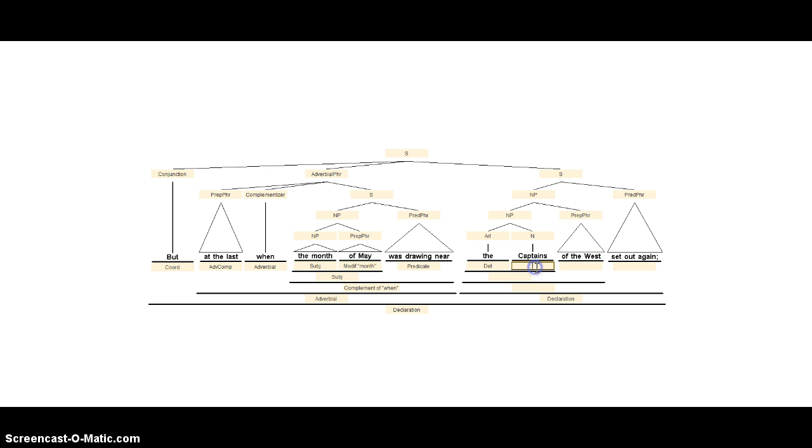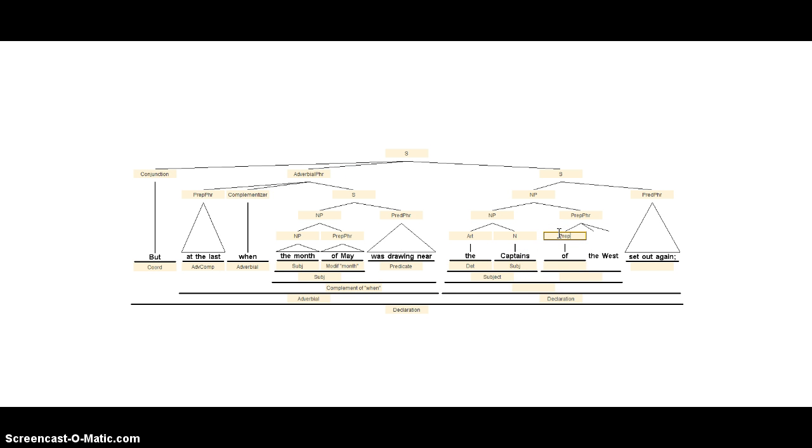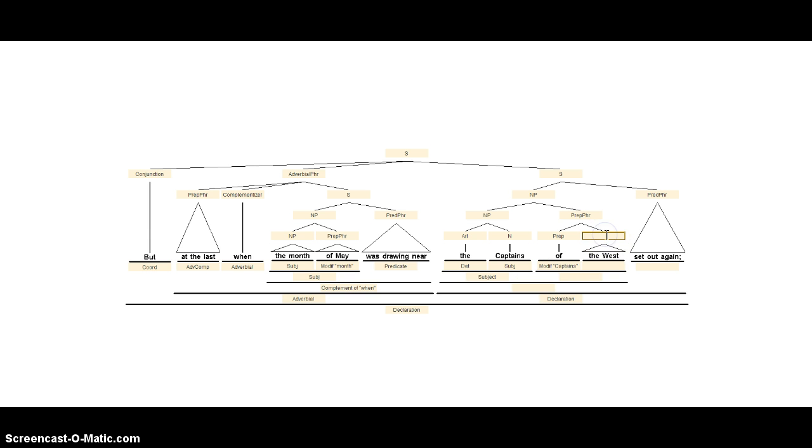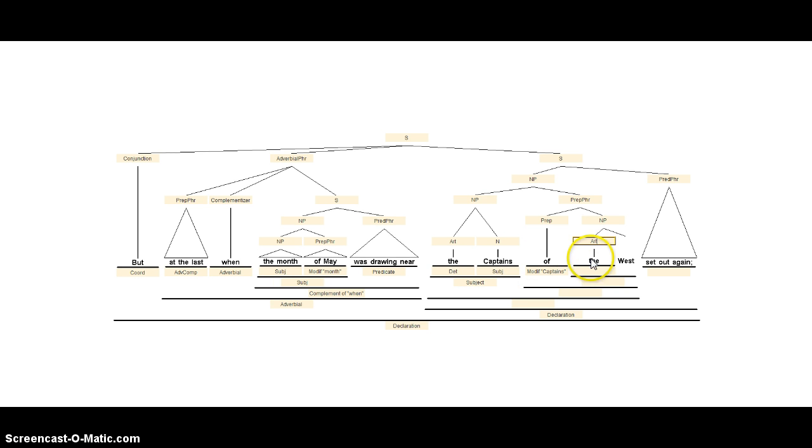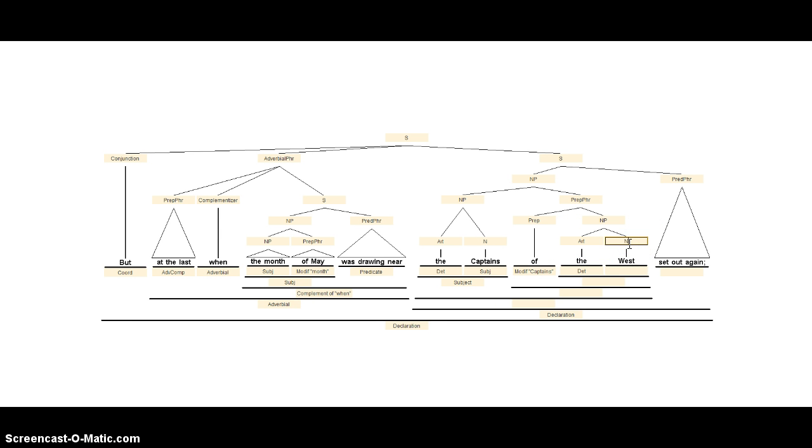And here the is an article with a function of determiner, and captains is our noun and our subject. In the prepositional phrase, of is the preposition, and it is a modifier of captains. The West is another noun phrase with the as an article, determiner, West as a noun, and is our prepositional complement.